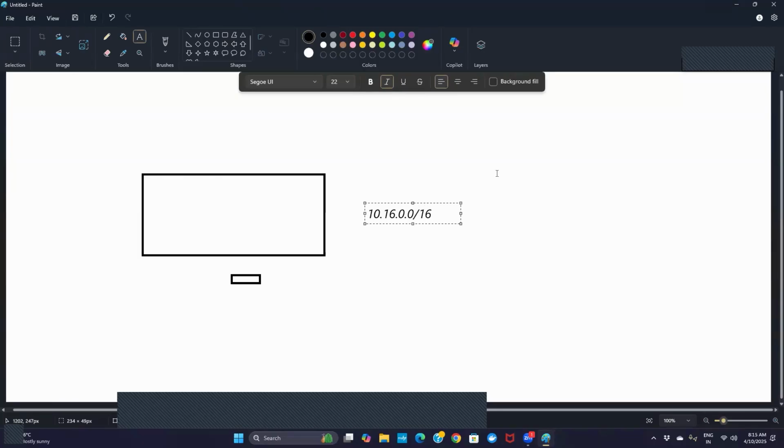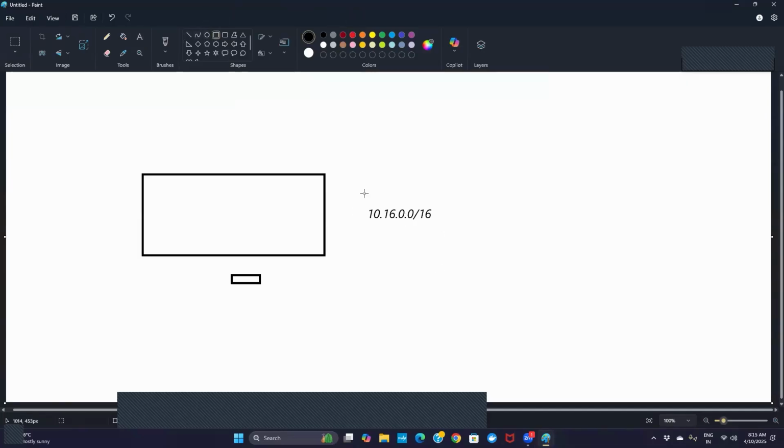When you are doing /16, these two octets are blocked, 8 plus 8. This is the network address, and the remaining two are the host address.